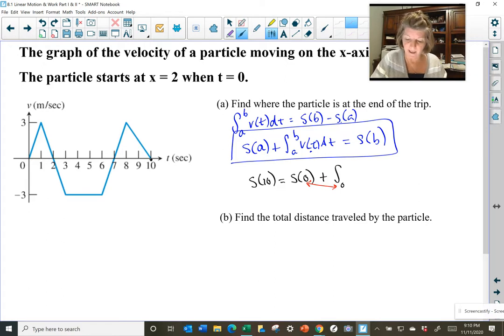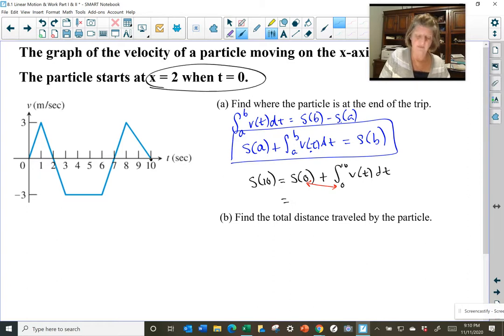So those should be a matchup, shouldn't they? 0 to 10, V of t dt. And S of 0 is in the write-up, so go read carefully. Looks like we started at 2, and then we got to pick up all this position work. 0 to 10, V of t dt.